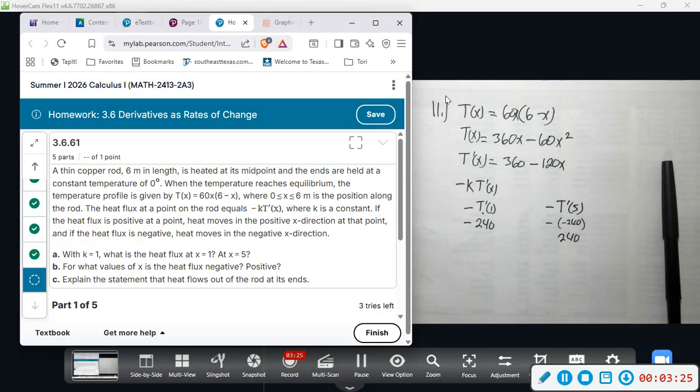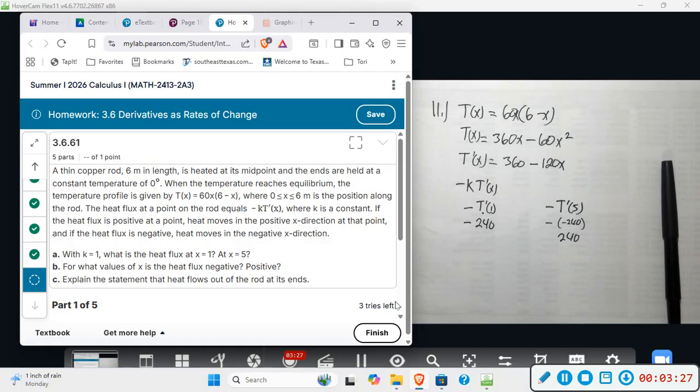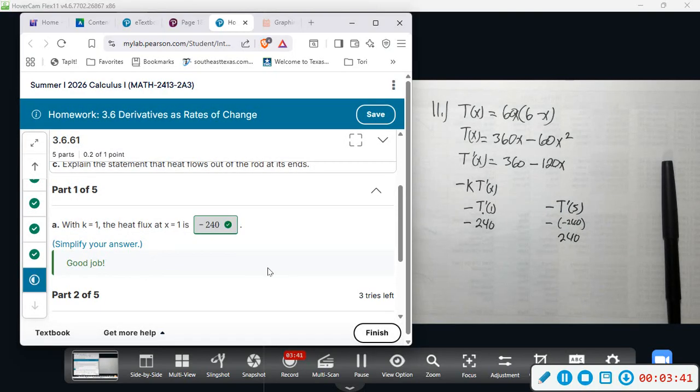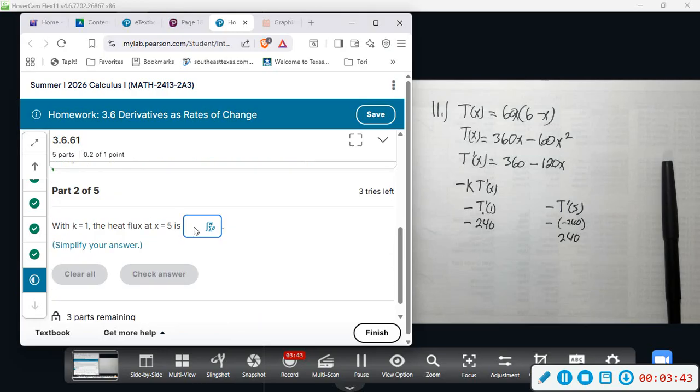So the heat flux at 1 is going to be negative 240, and when we're at 5, we get a positive 240.